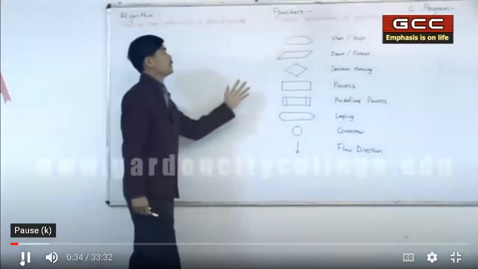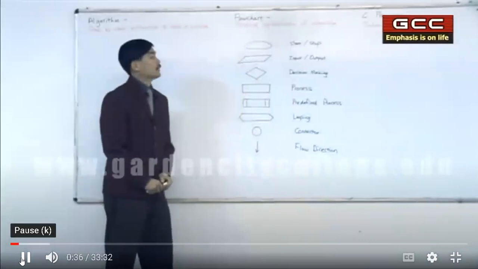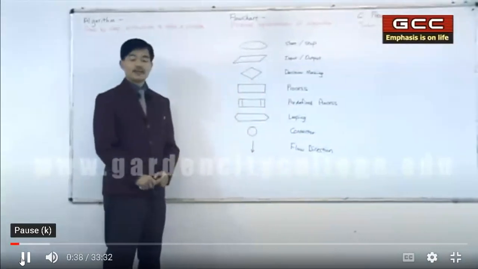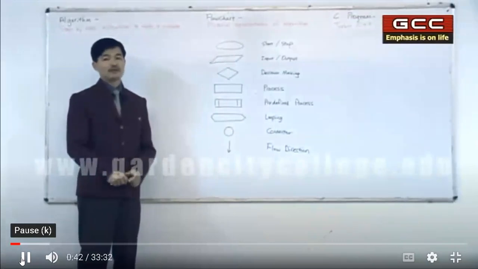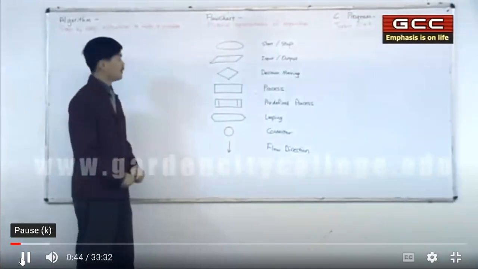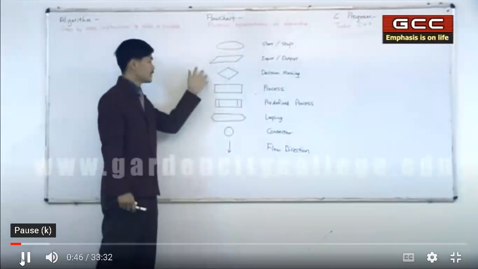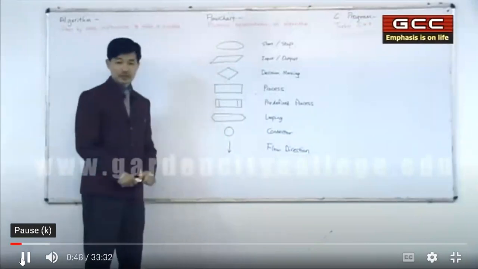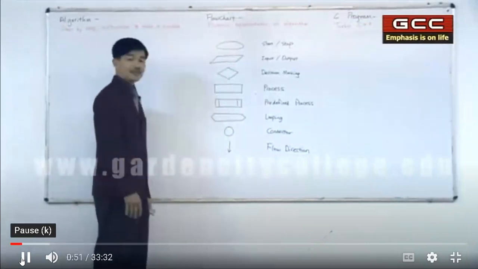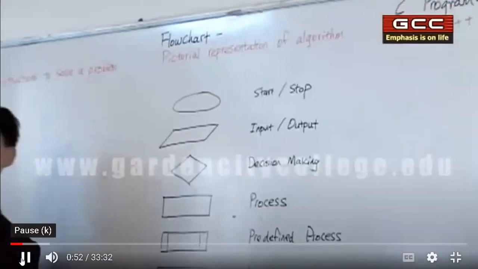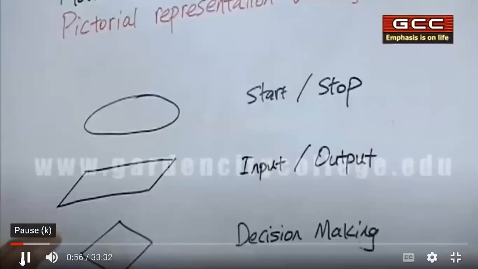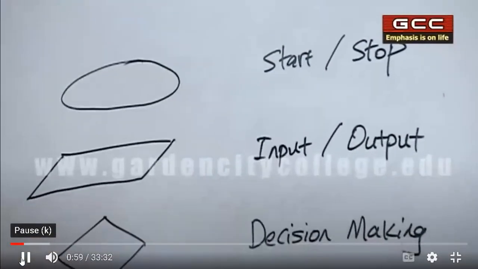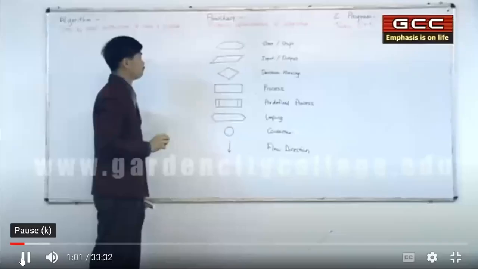And over here, you'll be able to see flowchart. A flowchart is a pictorial representation of step-by-step instructions to solve a problem. Before we go into flowcharts, here are some of the basic symbols that you can use as a reference. The oval shape is start or stop, whereas the parallelogram indicates input and output.